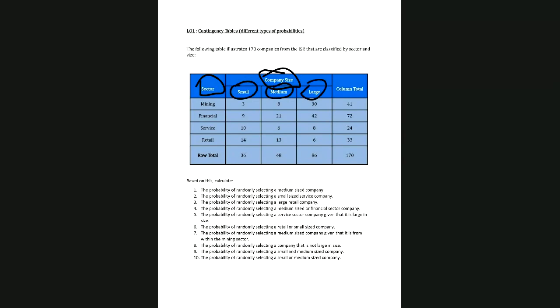And then you have that a sector can be classified as either a mining sector company, a financial sector company, a service sector company, or a retail company.